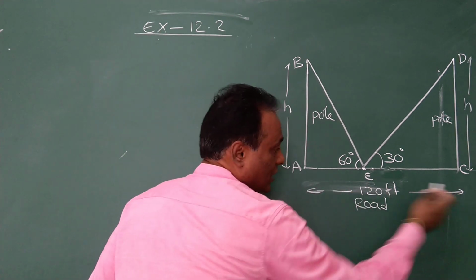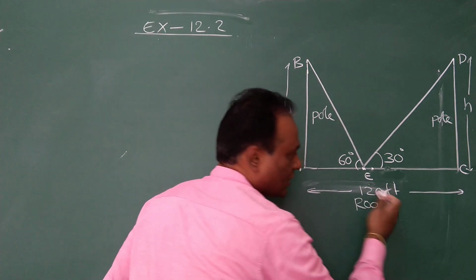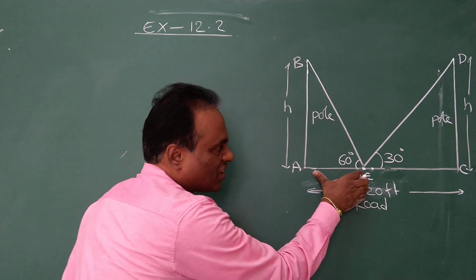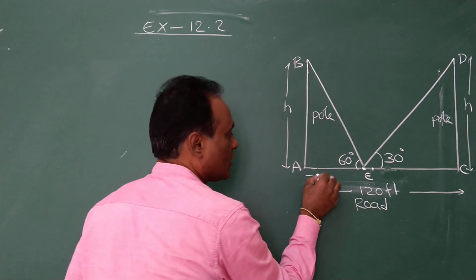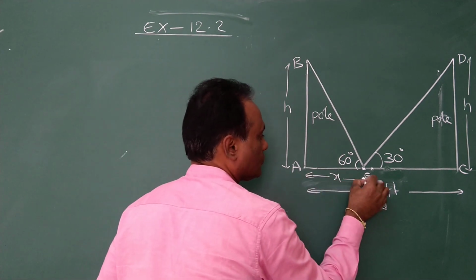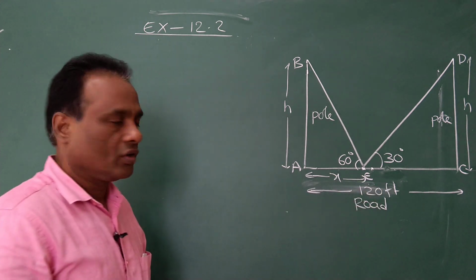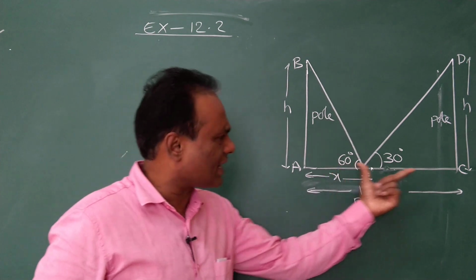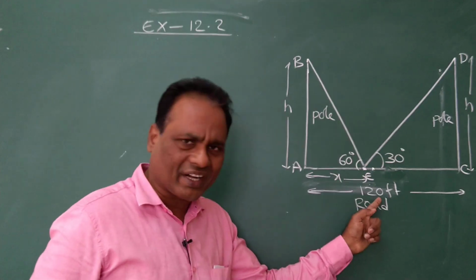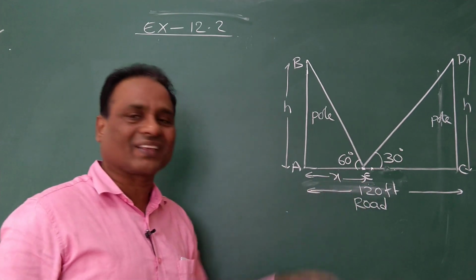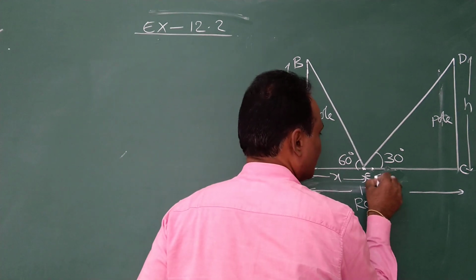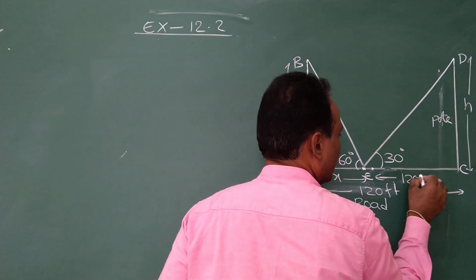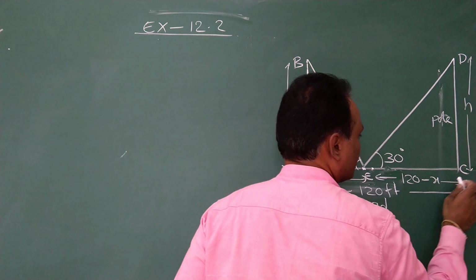So the total distance is 120, but this distance we don't know. This distance we have to find. If we know this distance, we can tell this also. Because total 120, no? 120 minus x.